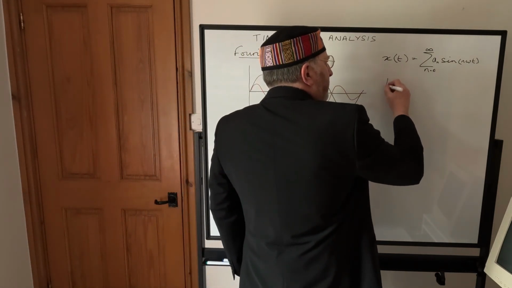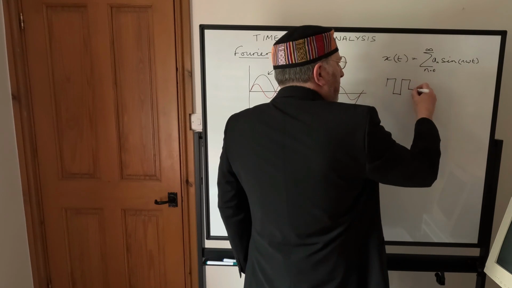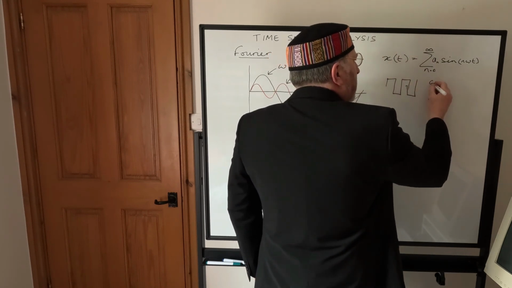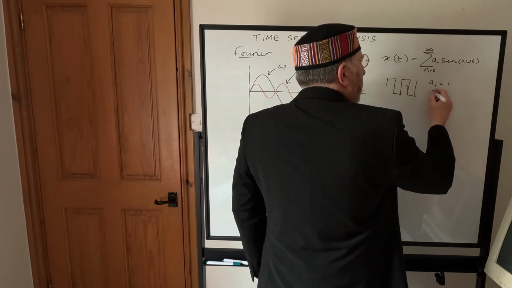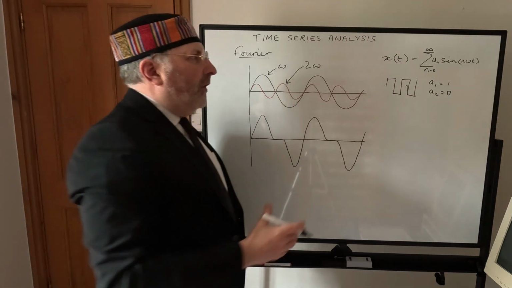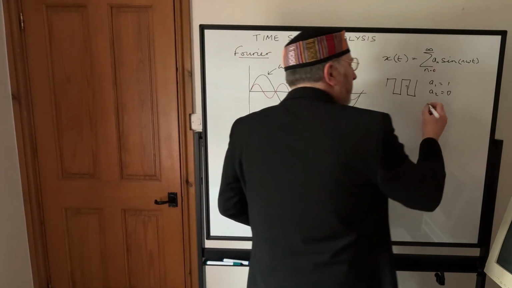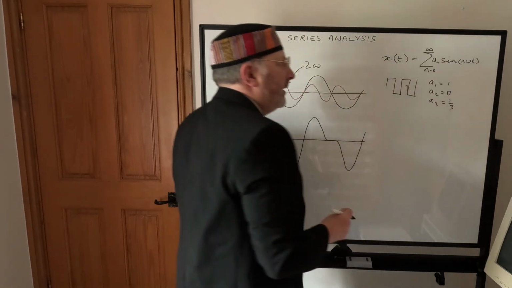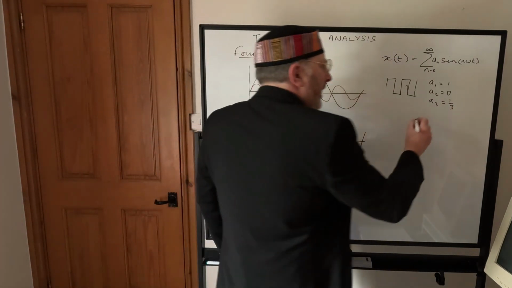square wave, if we take A1 as 1, A2 is 0, because that wasn't involved, there was no sine 2 omega t term. A3, though, we said was a third when we've got 3 omega t.